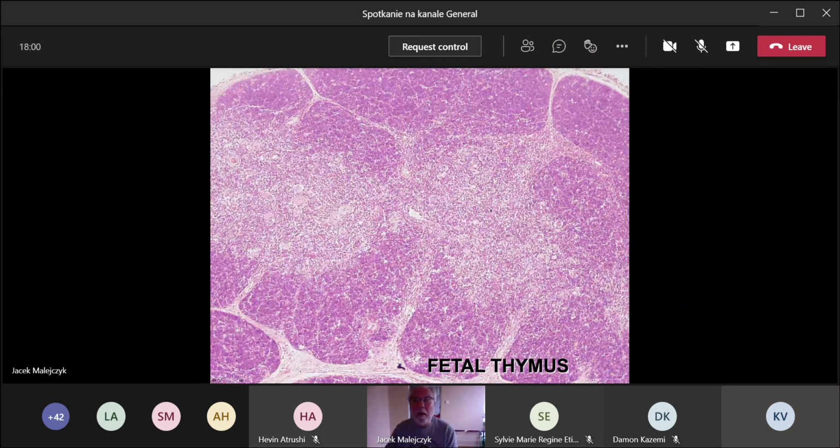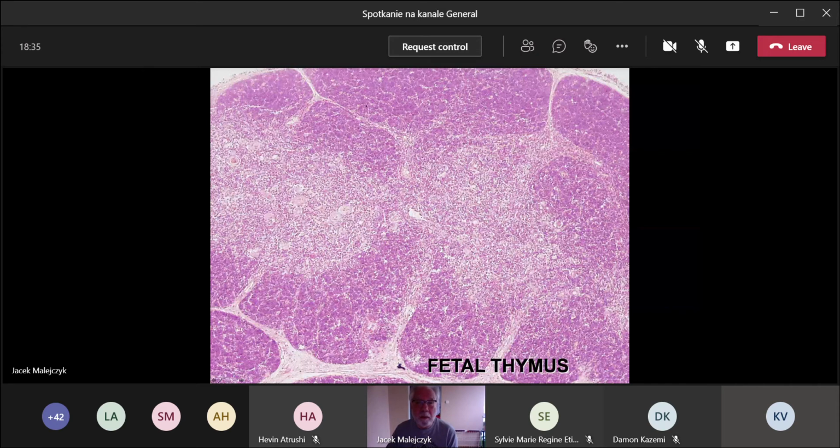Well, so the thymus starts its activity during the fetal period. And what we can see very distinctly, this is a beautiful picture of such a fetal thymus. This is the cortical and medullary part. You see the difference between the cortical part and the middle part. The medullary part is very apparent, so it doesn't need any special illustration.